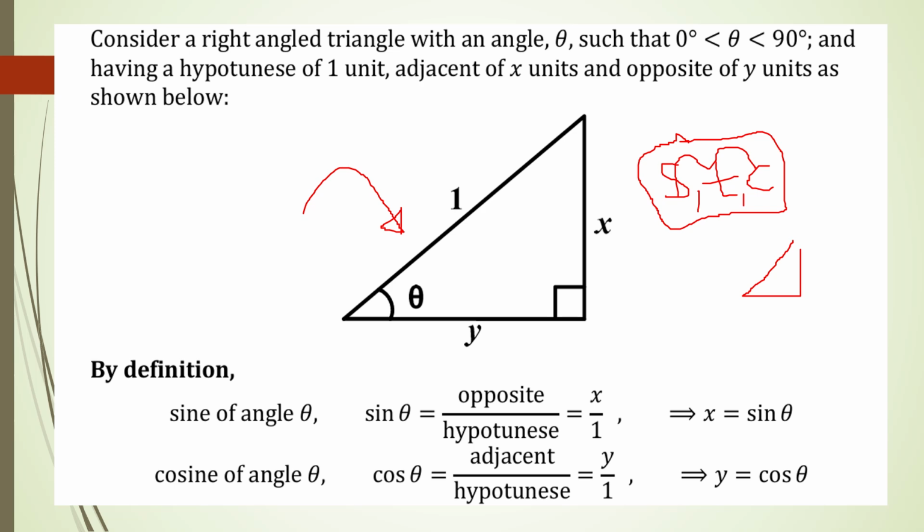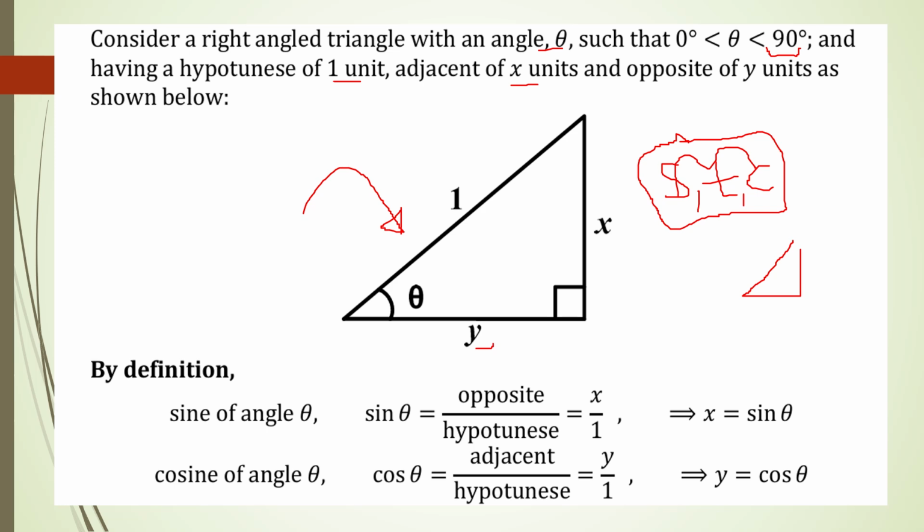So here we are going to consider a right-angle triangle with an angle theta, which is going to be acute. And when we say acute, we mean that theta is not exceeding 90 degrees, with a hypotenuse of 1 unit, together with x being our opposite and y being our adjacent.